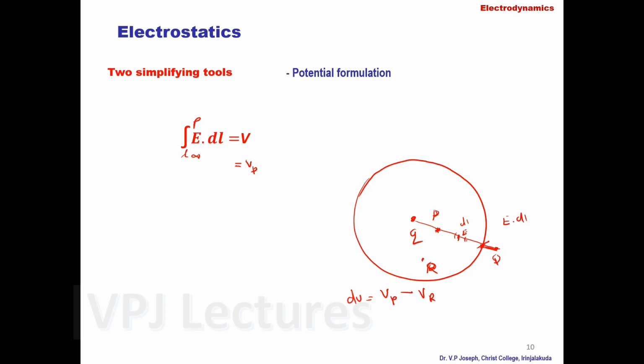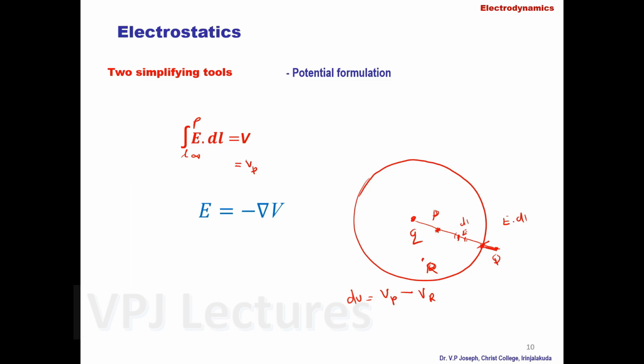So this potential formulation helps us in simplifying the problems related to a complicated source, and we are also able to represent this equation in three-dimensional form, or the point form, differential form, as E is equal to minus del V. That is, dV is a small change in potential.